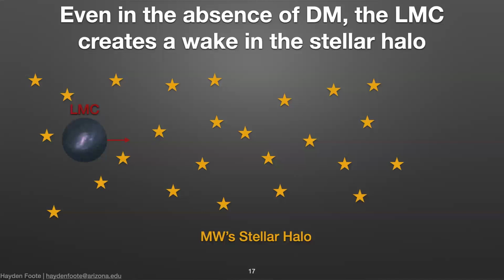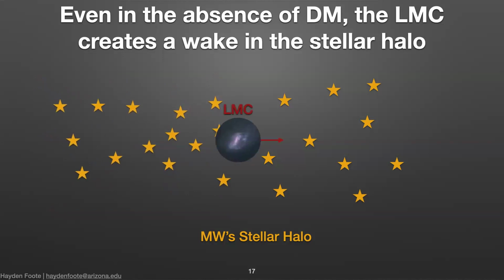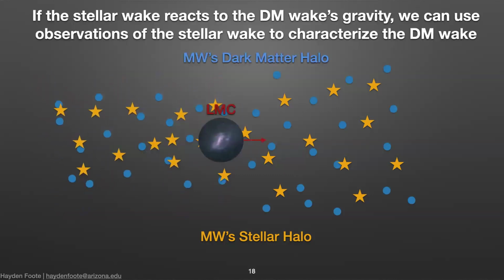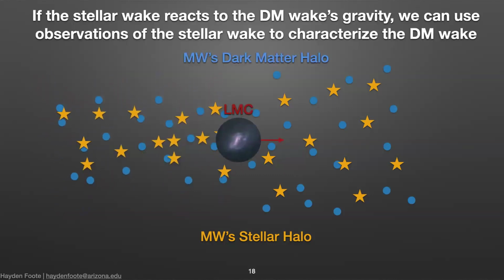So let's suspend our disbelief for a moment and say that there's no dark matter in the Milky Way at all. The LMC is only falling through the stellar halo. You would expect in that case to still see a wake in the stars. It's the exact same physics that produces the dark matter wake. So the question is, if I add the dark matter, this dark matter wake now has some amount of gravity.